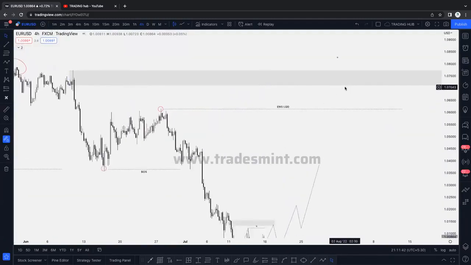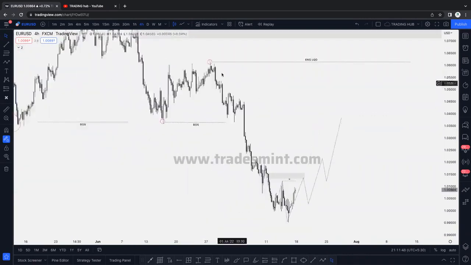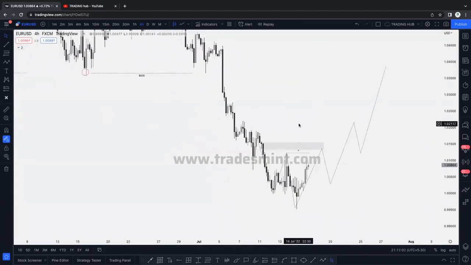This is a daily extreme, correct? After taking out this engineering liquidity. Okay, so this 4 hour high acts like inducement engineering liquidity for the daily perspective, correct? So right now this is what is happening in the 4 hour in EUR/USD, but we are still bearish in every time frame.